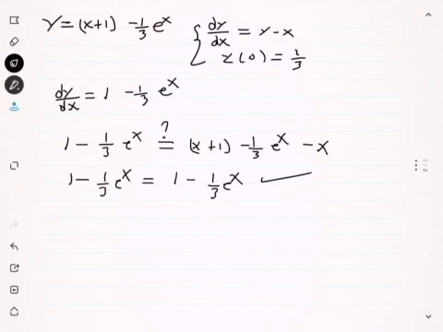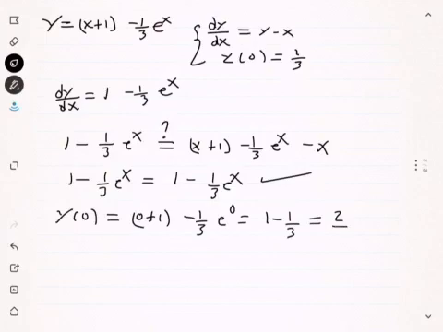What about the initial condition? y evaluated at 0 equals, we put 0 for x, 0 plus 1 in the solution, minus 1/3 times e to the 0, so that would be 1 minus 1/3, which equals 2/3. So it satisfies the initial condition.